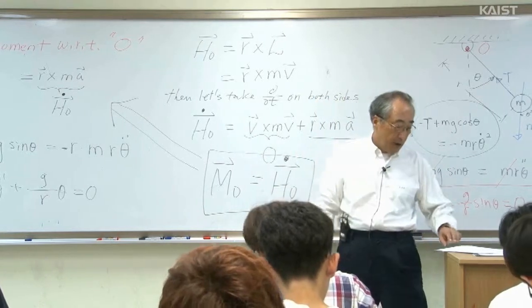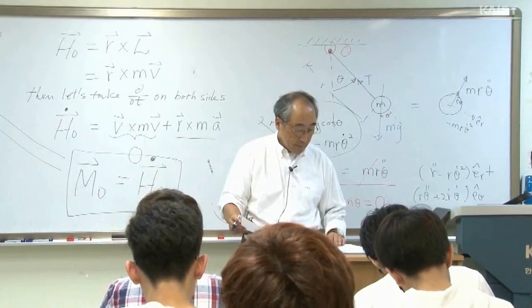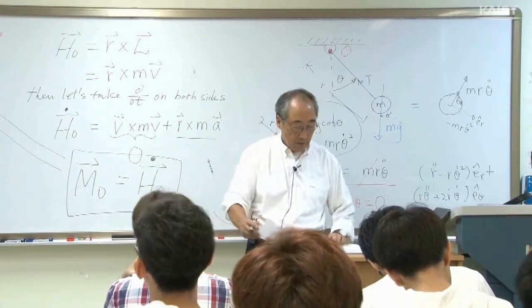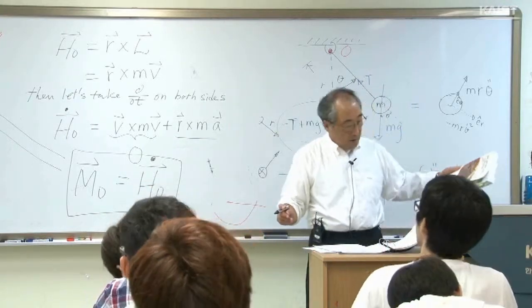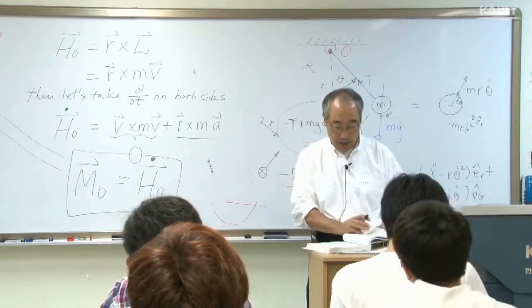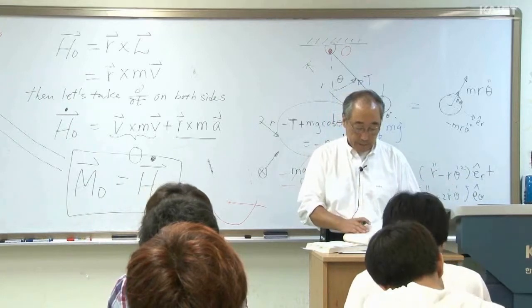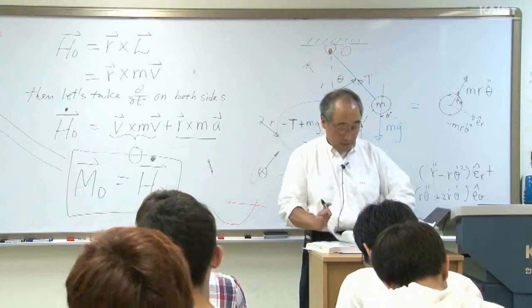Again, we have a very simple equation. Okay, very simple equation. Then how to apply that simple equation in real dynamics? Let's go back to the text again. See some simple problem.